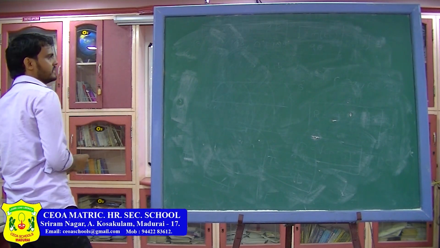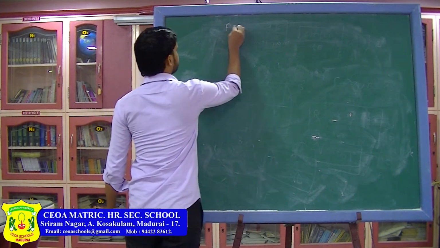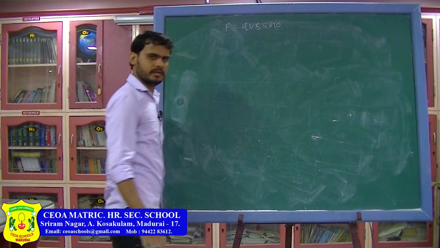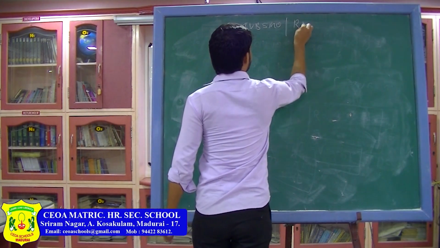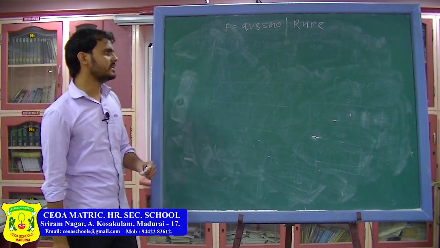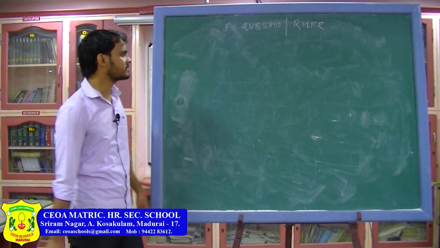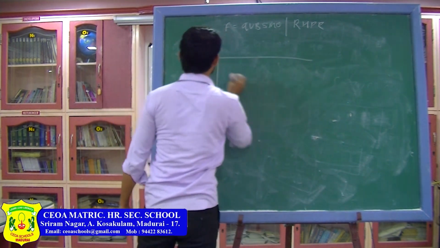So to quickly summarize this, you can make a table. The force is always given as qvB sin theta. The direction, as I told you, you have to find by the right hand palm rule. When applying it, remember, if the charge is positive, the force is along v cross B; if the charge is negative, it is opposite to v cross B. In this, we have seen different cases.